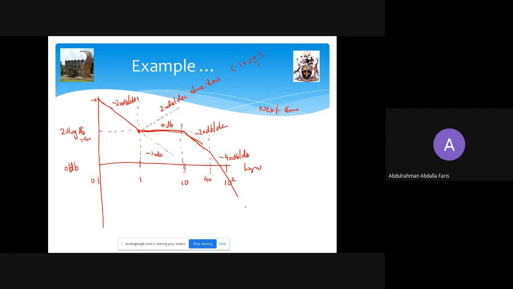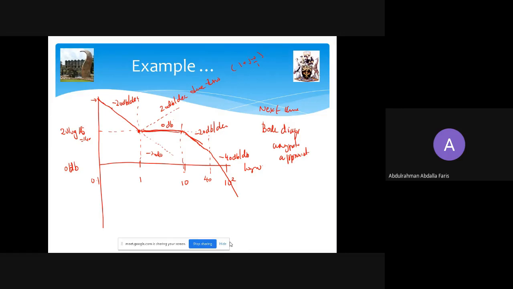So this one will go on because we don't have any frequency after that. So this is how we plot a Bode diagram using asymptotes or approximation of lines.